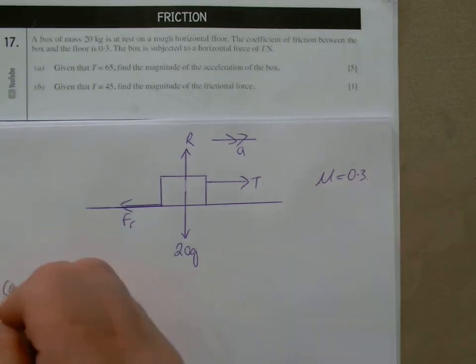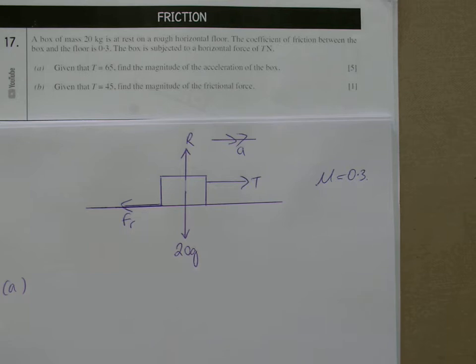So it says in part A, given that T is 65, find the magnitude of the acceleration of the box. Well, first of all, we're going to look at resolving in the direction of motion, but also perpendicular to the motion.